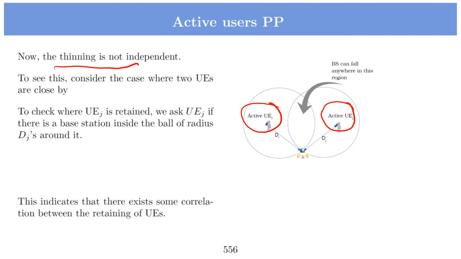Now suppose UE i is active. This means there is one base station that this UE is connected to, and that is inside this ball. Now, conditioned on this UE i activity, we have to understand what is the activity of UE j.